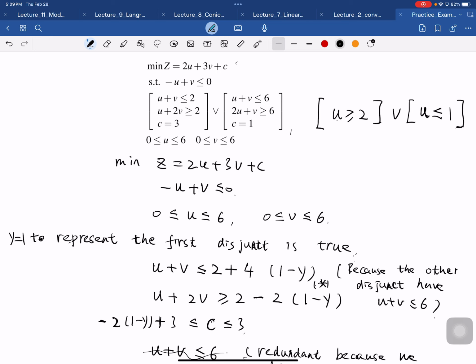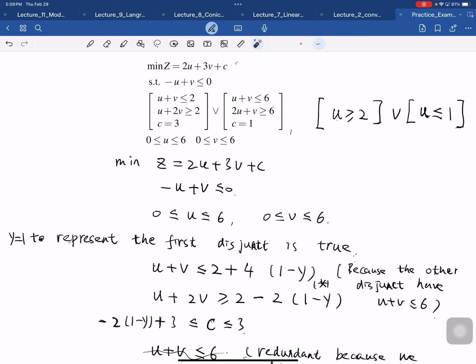Because one disjunction is deciding whether my variable is in this set or that set, and you may add one more constraint related to other variables, like whether u is greater than or equal to 2 or u is less than or equal to 1. So there's nothing special here. You just translate this disjunction using the big M as well, and add those constraints to your problem. Okay, yeah. I'm not going to do it now, but I'm kind of hinting I will give you a problem with two disjunctions in the exam.